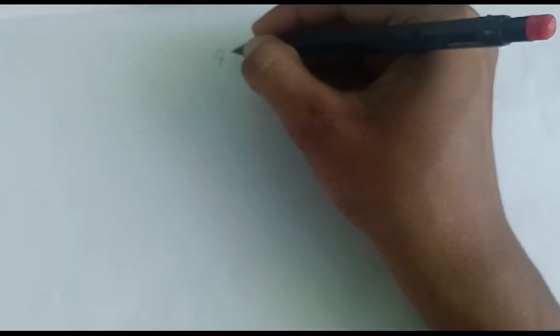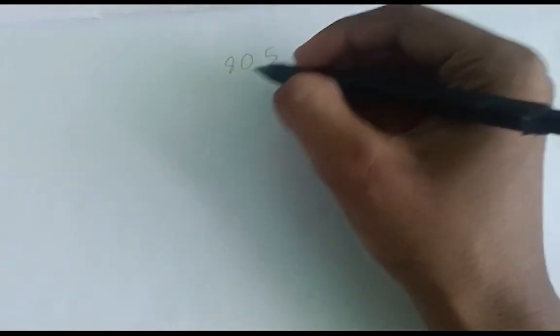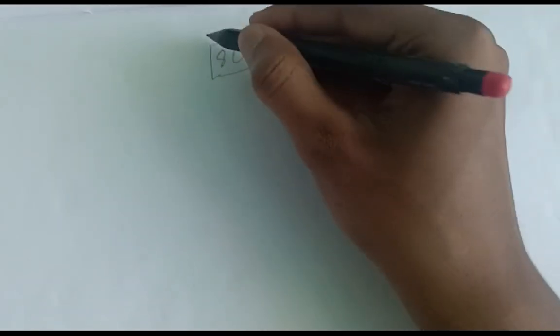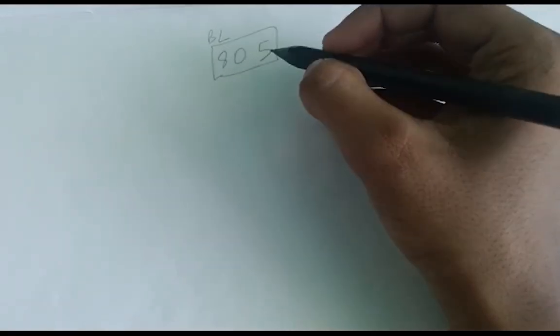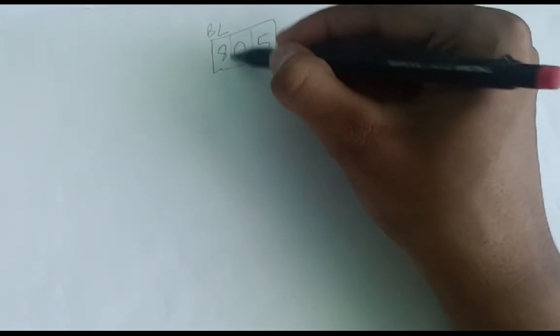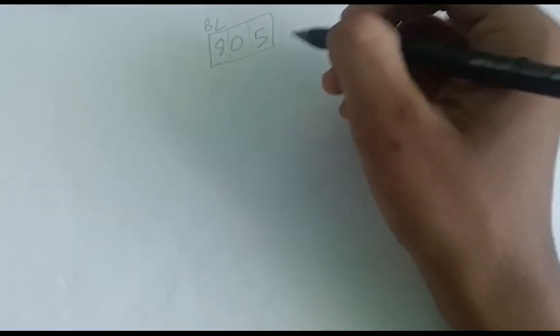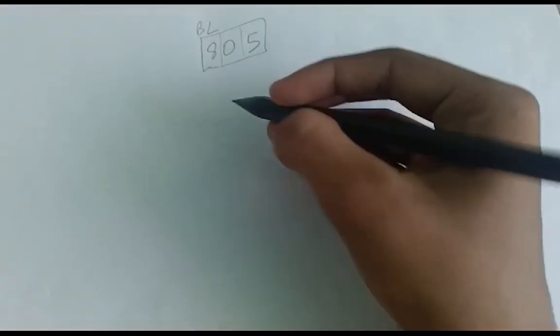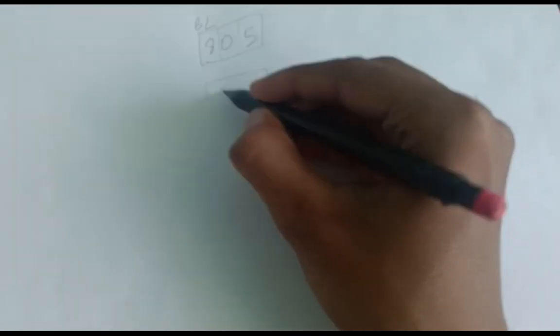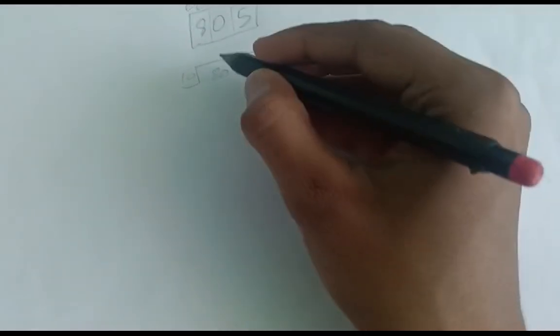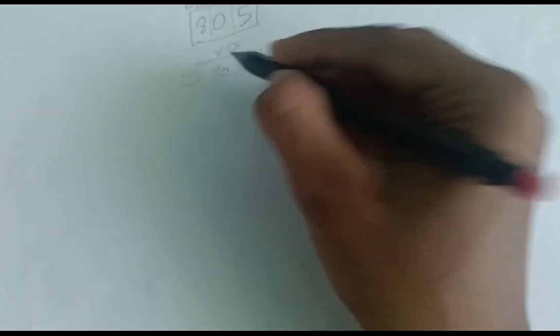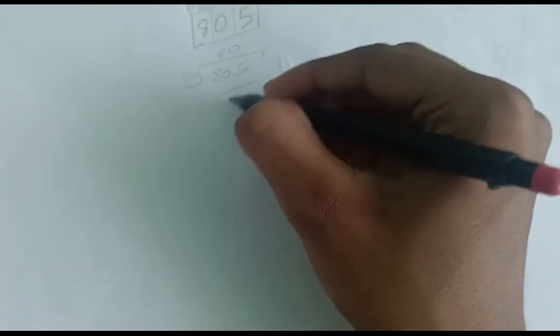So basically, if there is a number like 805, this is stored inside BL. What I have to do is I have to get the individual digits, so I can display it using the print function. So for that, first I can divide it by 10. So if I divide by 10, I get 80 as quotient, 5 as remainder.